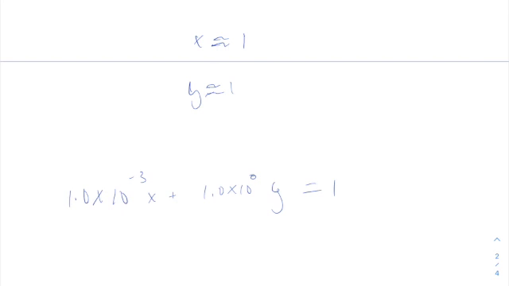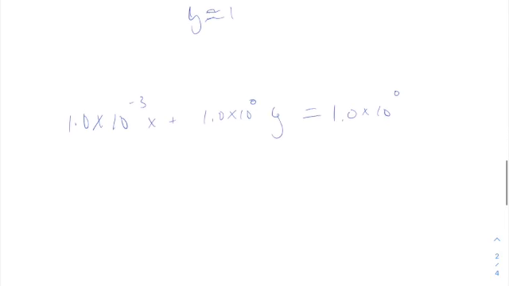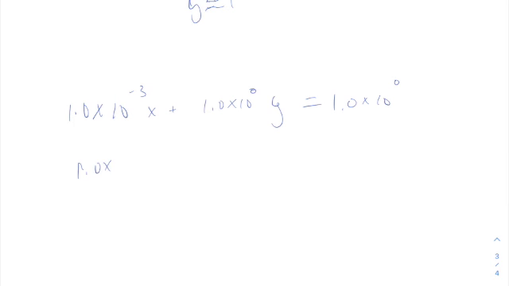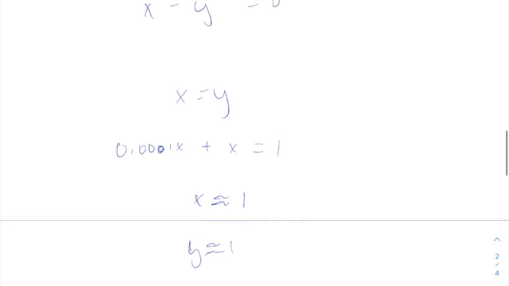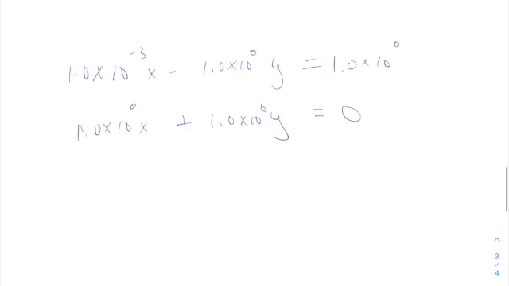And then the second equation will be 1.0 times 10 to the 0 x plus 1.0 times 10 to the 0 y equals 0. Yes, okay. This is negative.